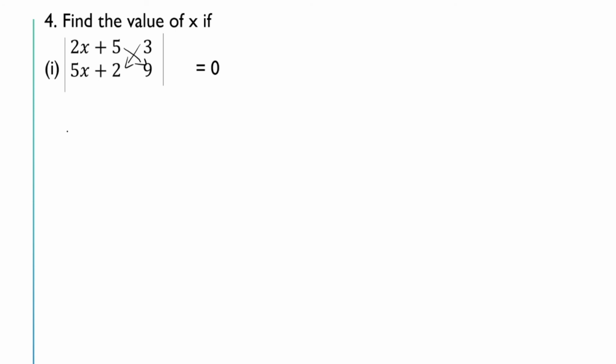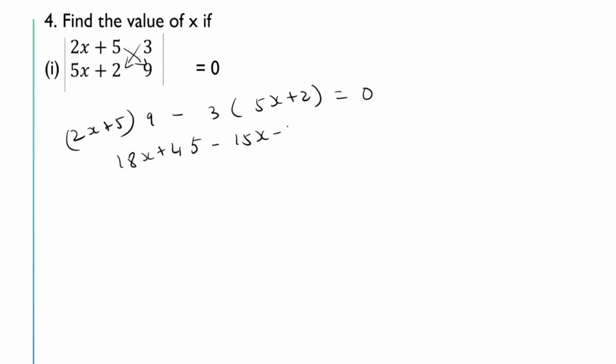So given this is equal to 0, it means 2x plus 5 into 9 minus 3 into 5x plus 2 is equal to 0, or 18x plus 45 minus 15x minus 6 is equal to 0, or we have 3x plus 39 is equal to 0.